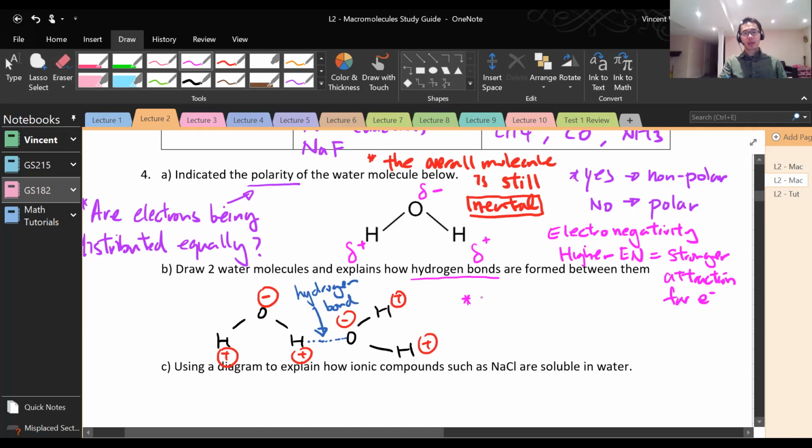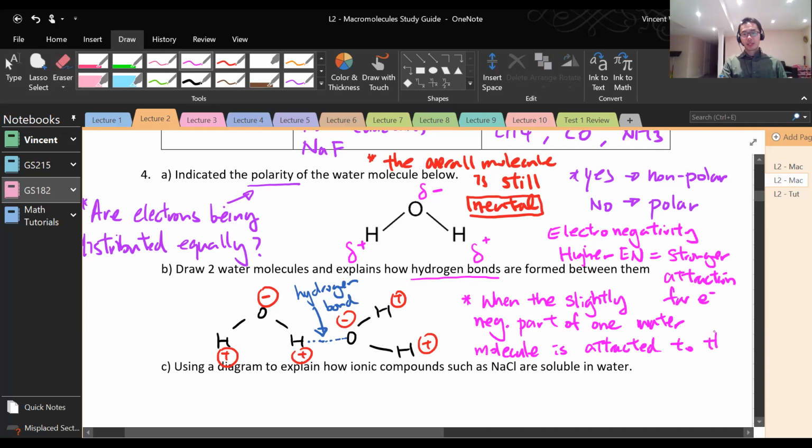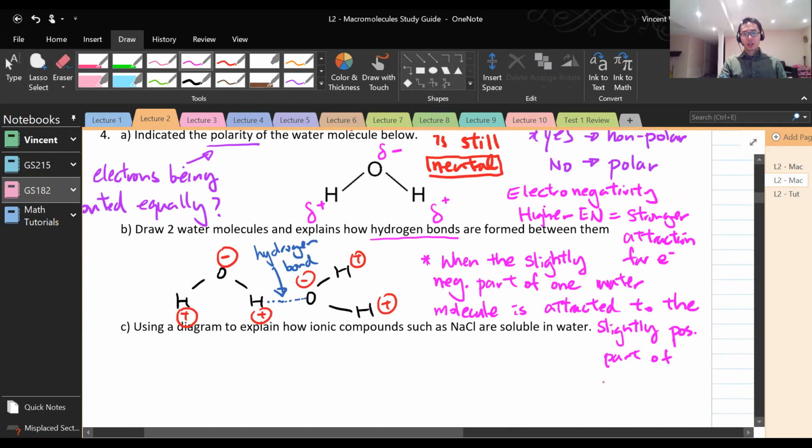A hydrogen bond occurs when the slightly negative part of one water molecule is attracted to the slightly positive part of another water molecule.